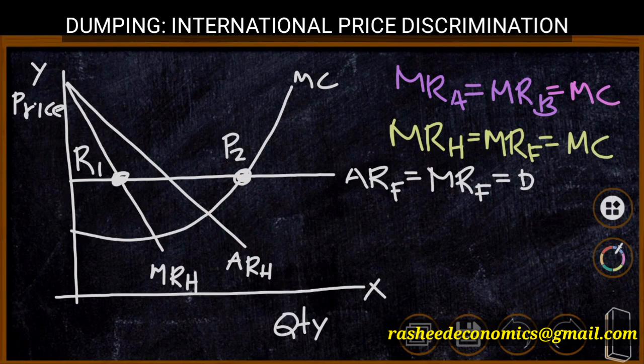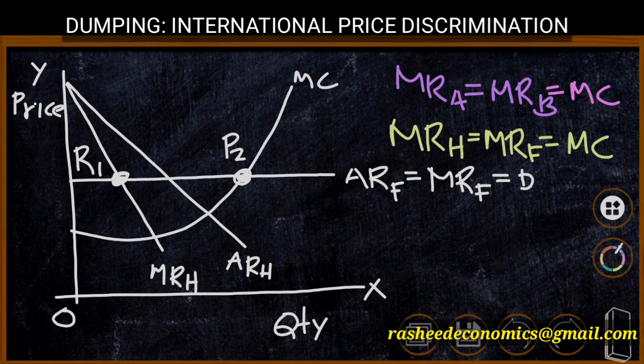P2 is the equilibrium point of the foreign market where MRF is equal to MC, and the home market equilibrium is identified at point R1 where MRH is equal to MC. At these two points, the basic equilibrium condition MRH equals MRF equals MC is satisfied. Now we need to identify the quantities to be allocated to different markets.